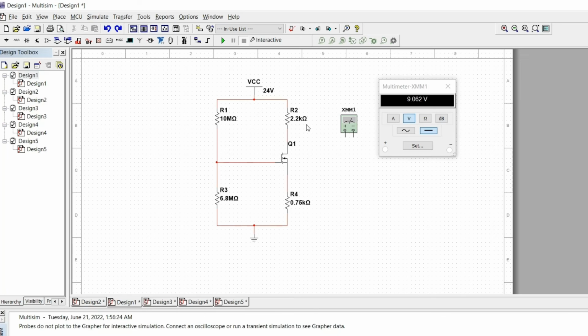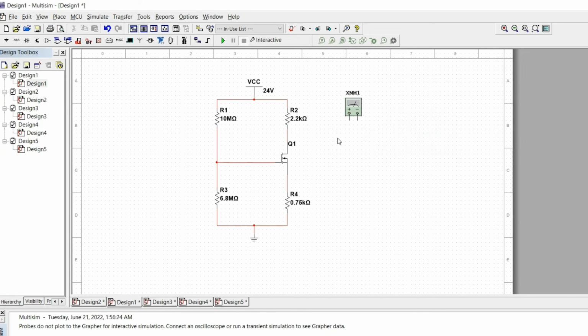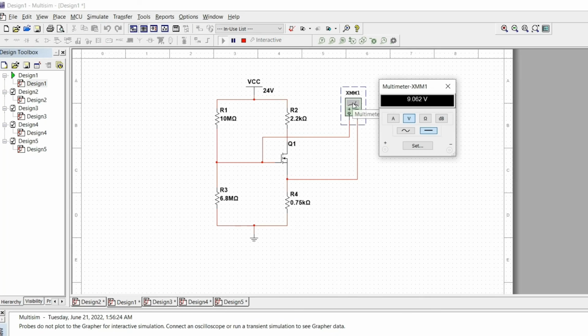This is the circuit that I use to find VGSQ. We need to place the positive probe here and the negative probe here. Run. Okay, this is VGSQ.